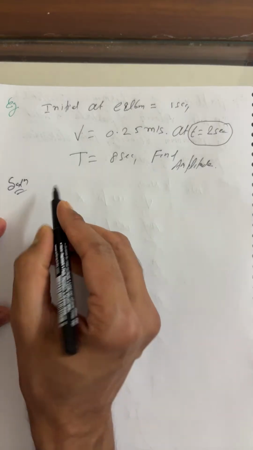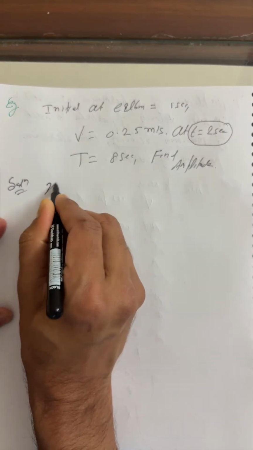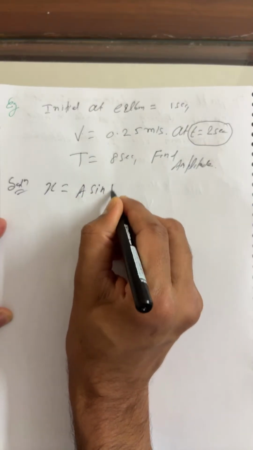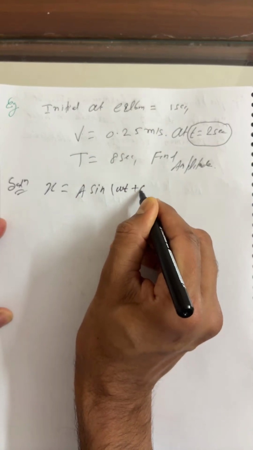But I have a solution here. Let us think about the initial equation of SHM. x equals A sine of omega t plus phi. At t equals 1 second the particle is at the mean position, but it is mentioned that initially the equilibrium position means the particle is initially at the mean position. So x equals A sine omega t.